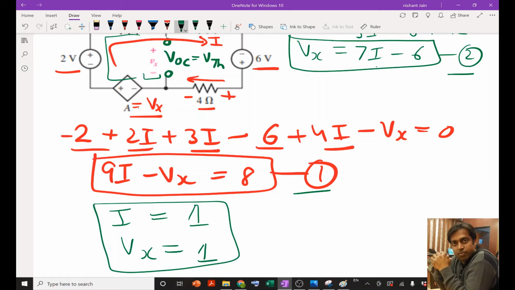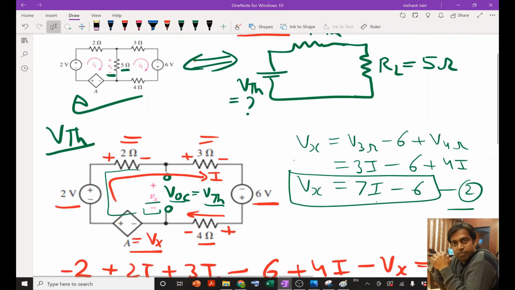So since Vx is nothing but our VOC or VTh, our VTh is equal to Vx, which is equal to 1. So it means our Thevenin voltage is 1 volt.